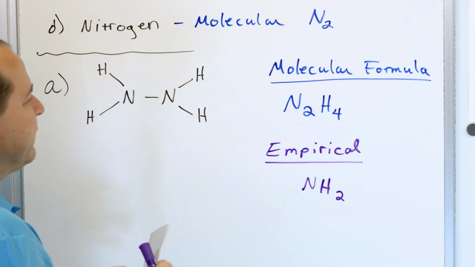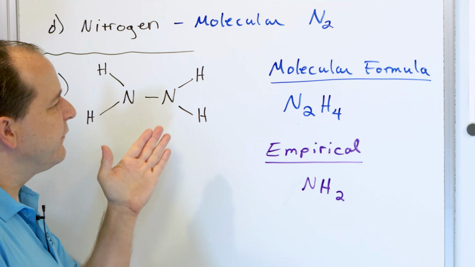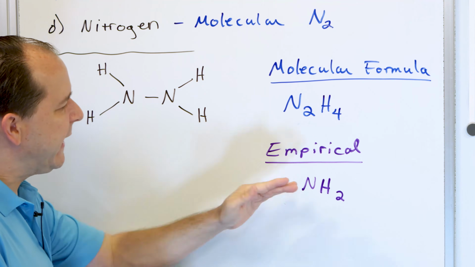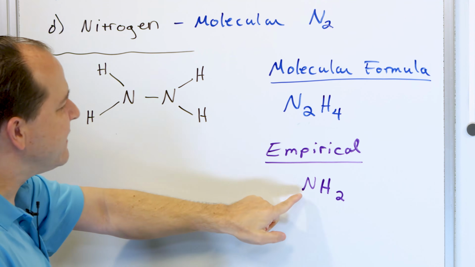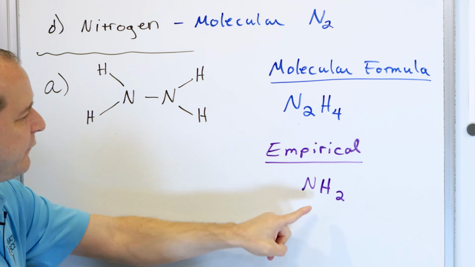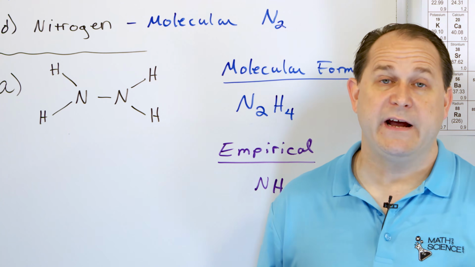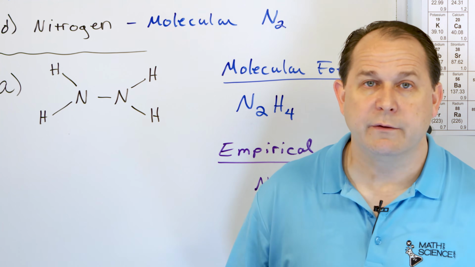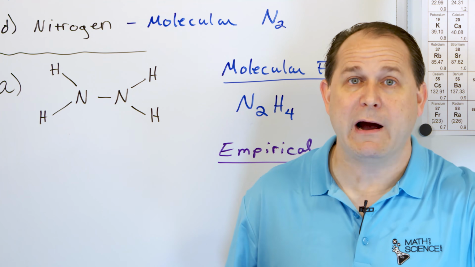In the beginning, we do this, but often students don't know why we're doing this. Why do we care about the empirical formula? Because the actual molecule is not NH2. It's actually N2H4. So why do we even care about doing this? It's because if I give you a container and say, Jimmy, there's an unknown substance in here, but we know it has nitrogen and we know it has hydrogen, go figure out what it is.